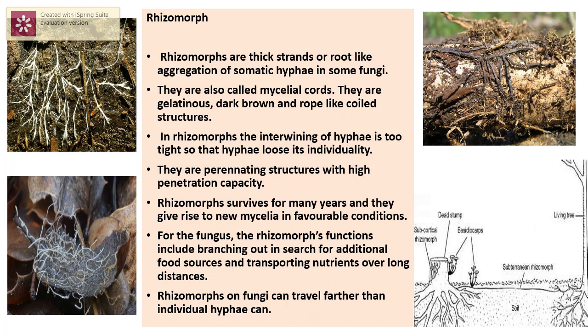But when favorable conditions appear, they give rise to new mycelia. In the last picture, you can see that rhizomorphs can also branch out in search of additional food sources and transport nutrients over long distances.